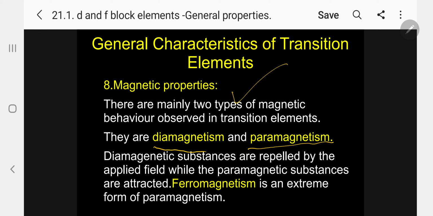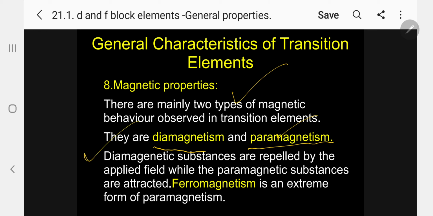When one or more unpaired electrons are present in the d orbital, we call it paramagnetic.